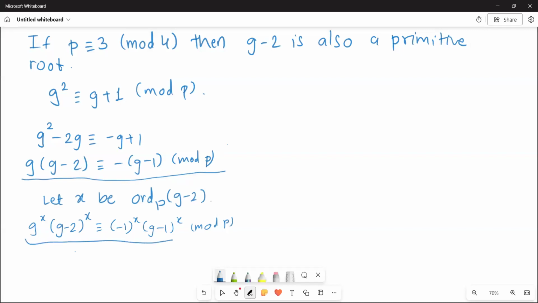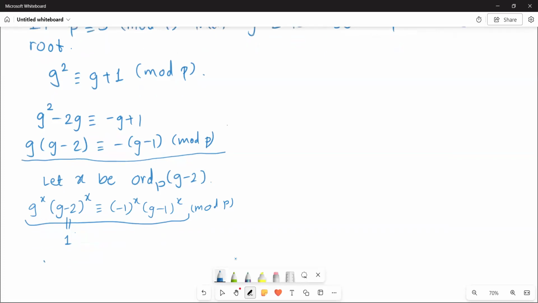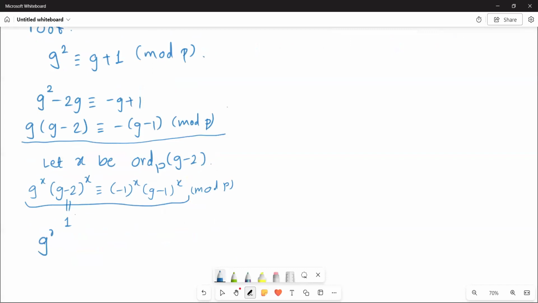We get something like this. Now we know this is 1. Okay, so we get g to the power x is congruent to minus 1.